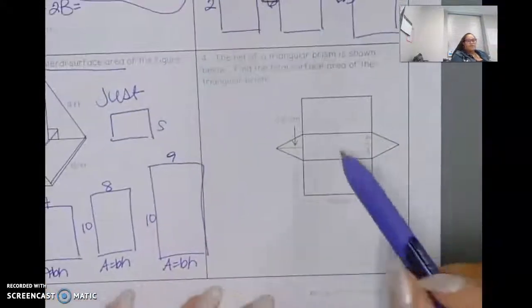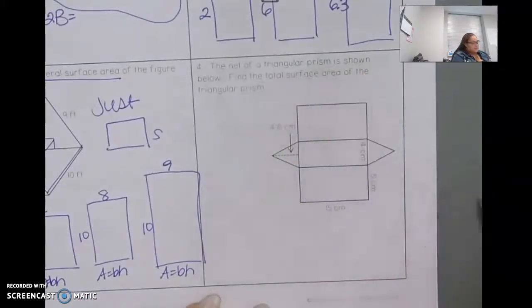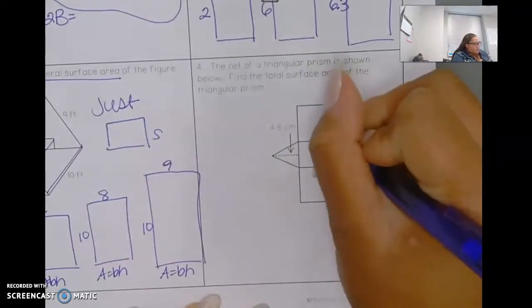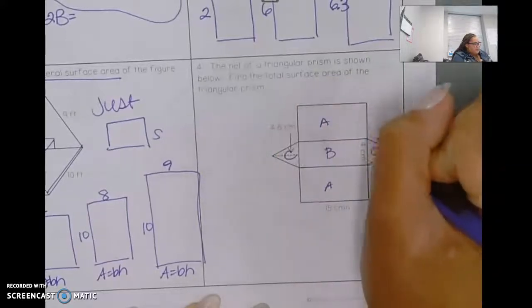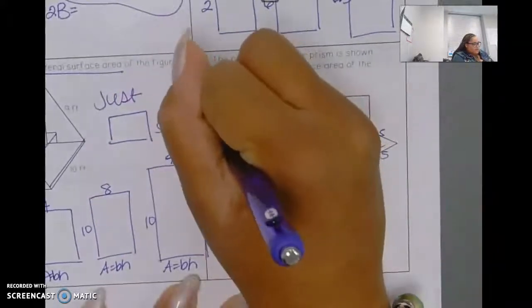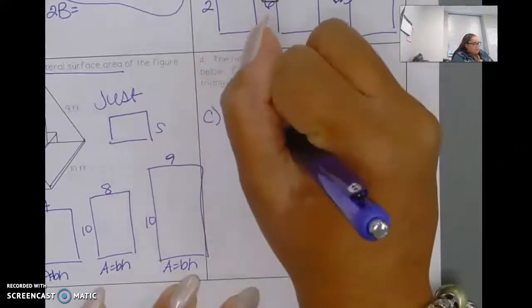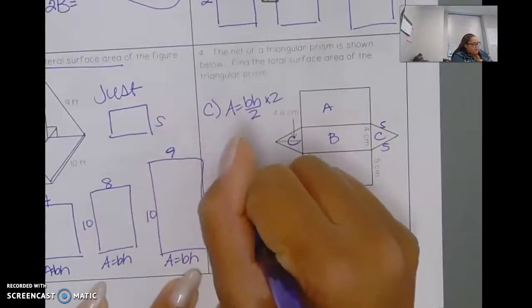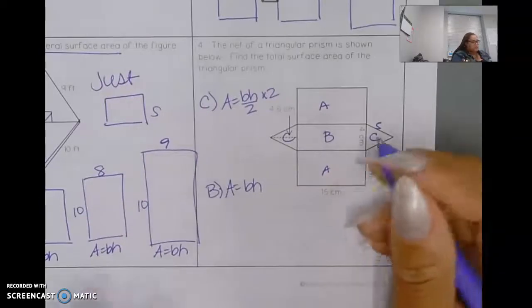And then the last one, it says the net of the triangular prism is shown. Find the total surface area here. So this is 5 and 5. So these 2 are the same. This one is different. And then these 2 are different. So C is area equals base times height divided by 2, but I have 2 of those. B is area equals base times height, and I have 1 of those.